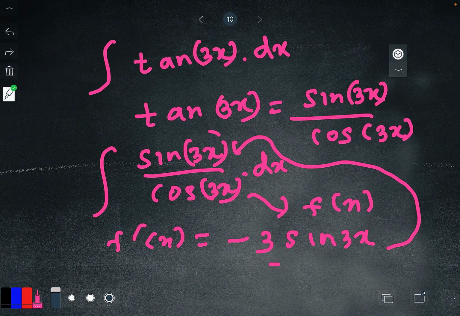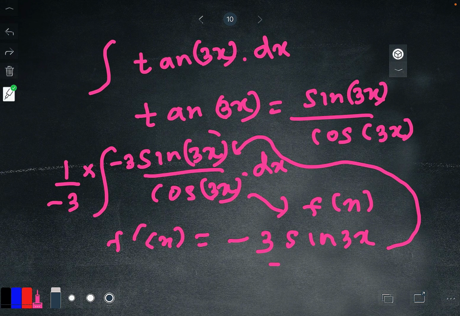The simple idea: let me multiply the numerator by negative 3 and divide it by negative 3.